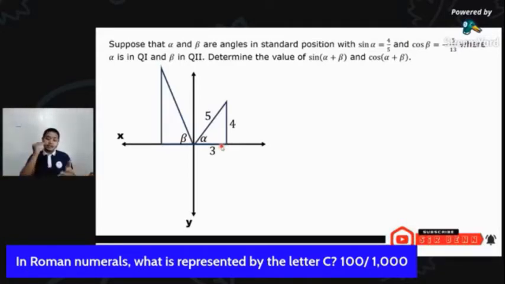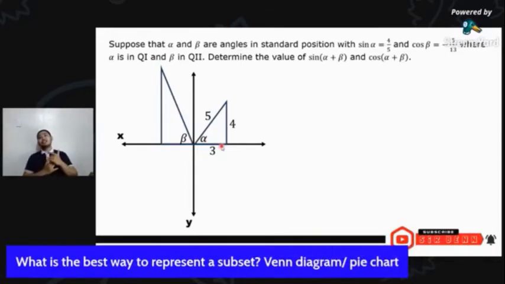Remember this: in a Cartesian plane, the hypotenuse is always positive. So 5 will be the negative number. This part will be -5, and the hypotenuse will be 13. To identify this part, we use the Pythagorean theorem. Applying that theorem, we get 12 for that side. Now the triangles are complete.